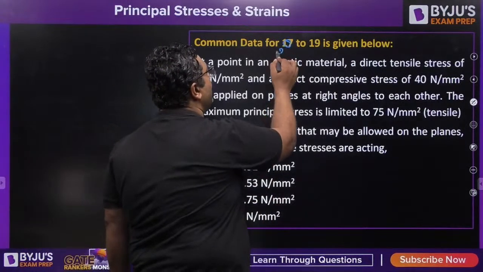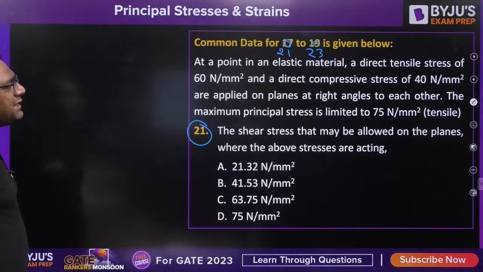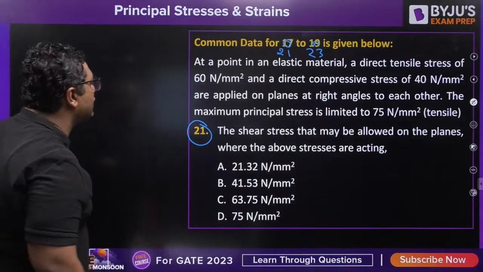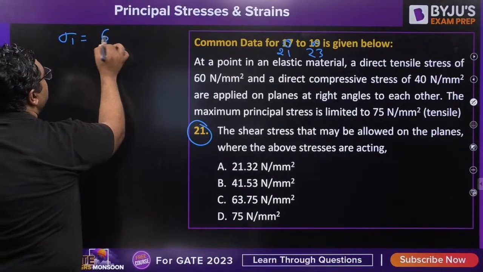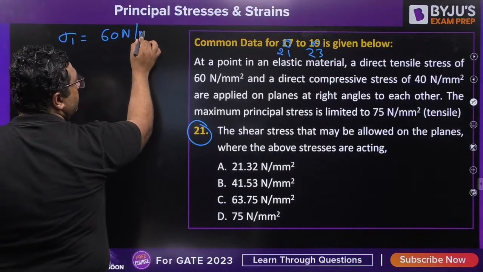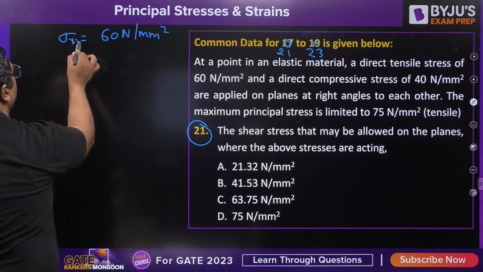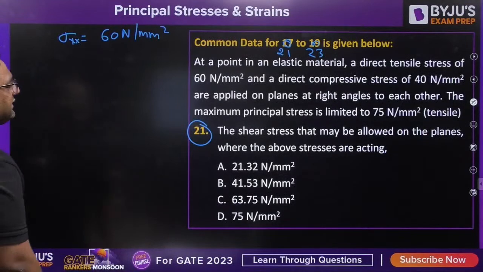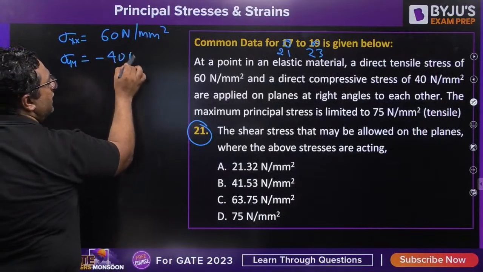Question 21 to 23, the data is the same. At a point in an elastic material, a direct tensile stress of 60 Newton per mm square and a compressive stress of 40 Newton per mm square.